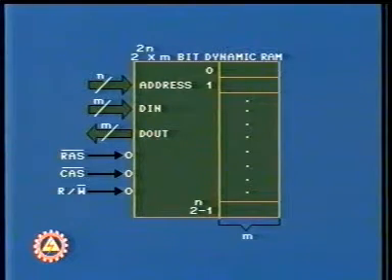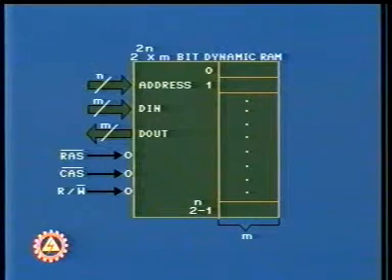It has control input lines which are row address select RAS bar lines, column address select CAS bar lines, and read-write bar line.